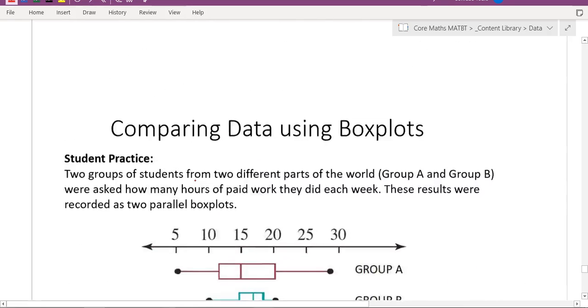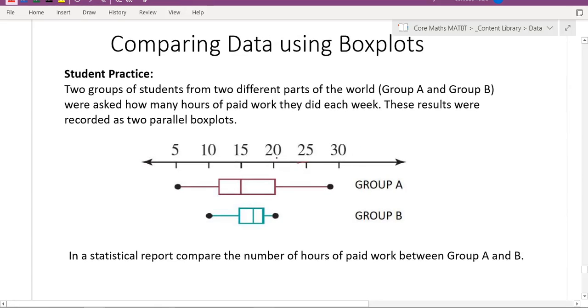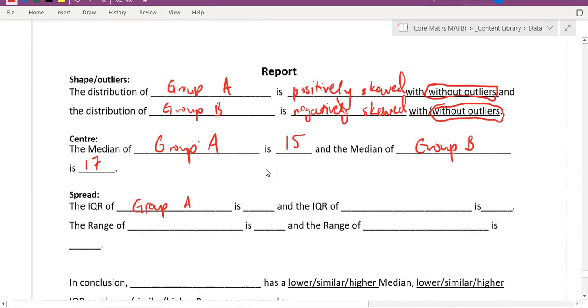Okay, the IQR, so we'll go group A. So the IQR, so Q3 minus Q1, so it's going to be 20, which is here, this line. And then the Q1 is about, I'll say that's 12. So 20 minus 12 is 8. So the IQR of group A is 8.